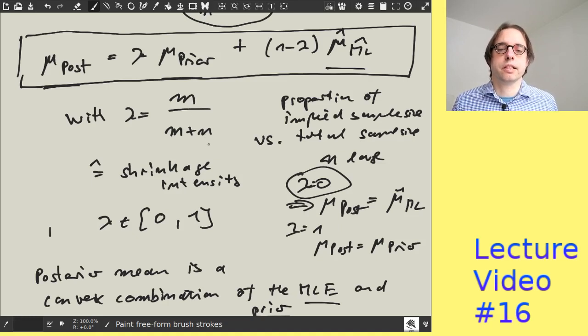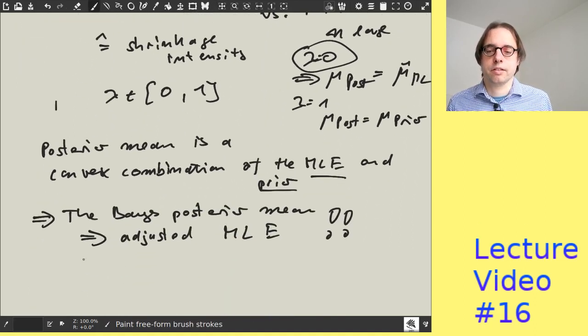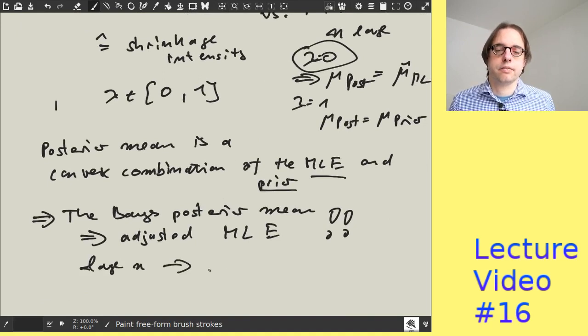If it's constant and n goes to infinity, then the weight on the prior vanishes, and we actually recover the maximum likelihood estimator. So for large n, we get the MLE. So that's fantastic, because it means that ML is really an integral part of Bayesian learning.